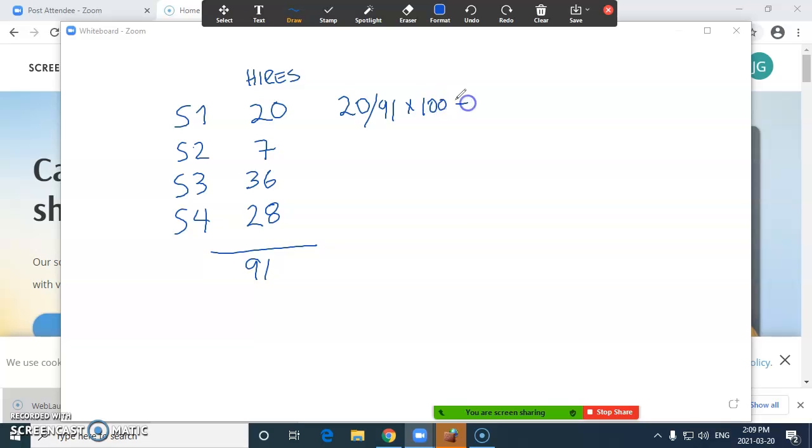That's going to equal 22%. That's for source 1. Then I do it again for source 2, and again for source 3, and again for source 4.